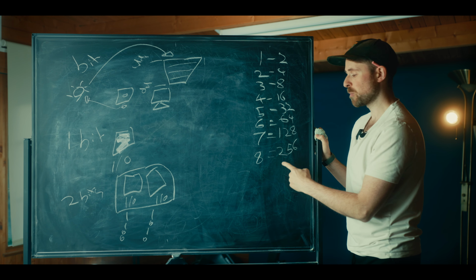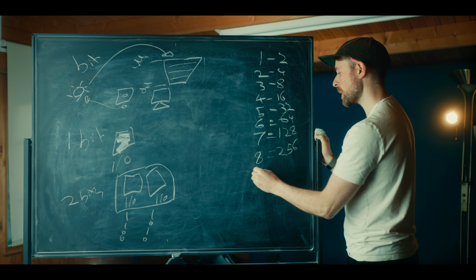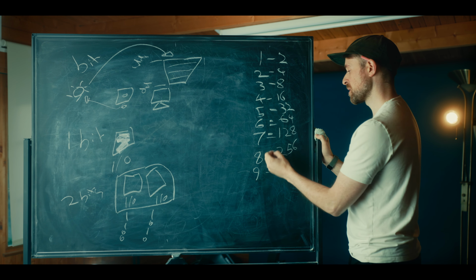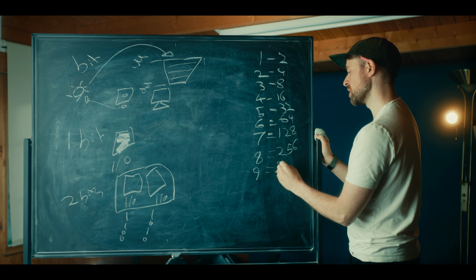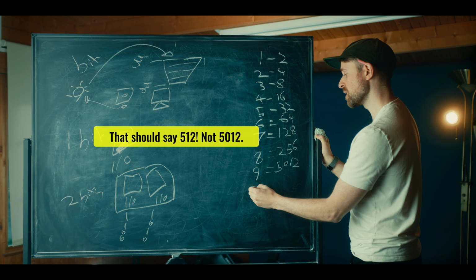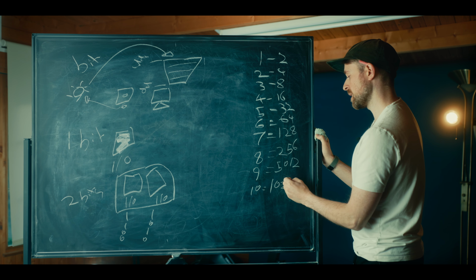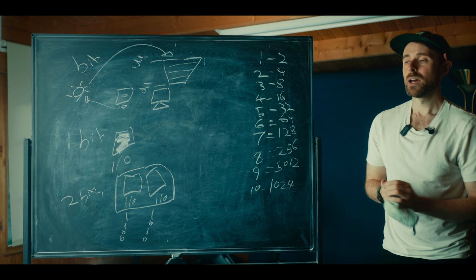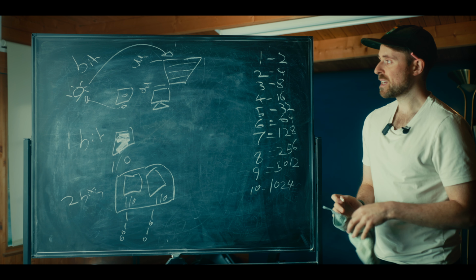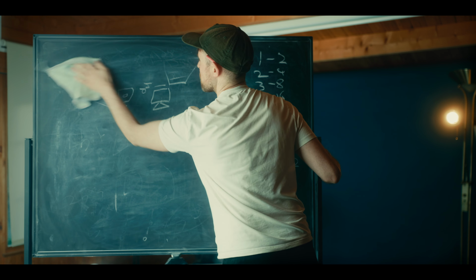With 8 bits, we have 256 shades we can work with. But we aren't stopping at 8-bit, we're going to 10. So double of 8 is 512. And double that, 10-bit, is 1024 shades.